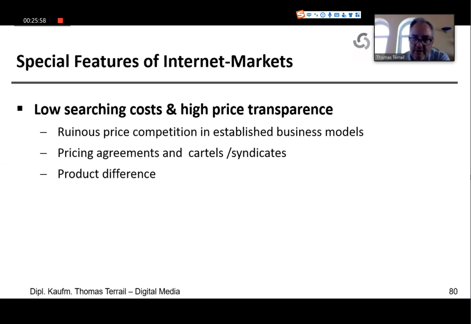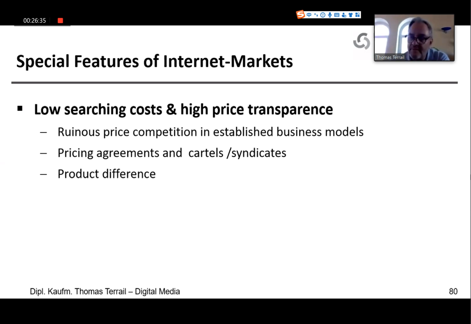Because many people do not read their books physically. They use a tablet for that, or they buy it via Amazon or something like that. And you do not need to go into a bookstore if you want to order a book. So this is a ruinous price competition, but it's also convenient for the people.